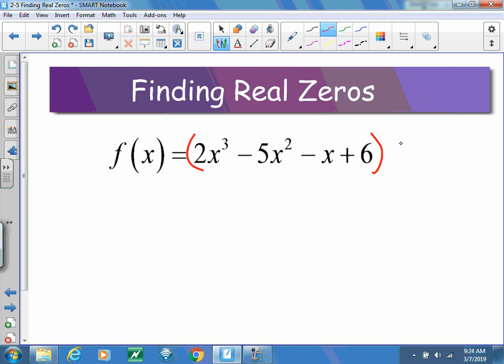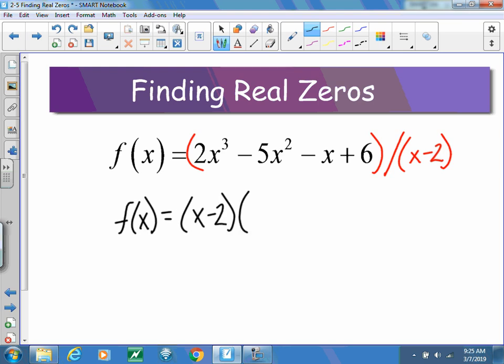I took this polynomial here, I divided it by the factor of x minus 2, and now I got my polynomial here. Now when I came up with that answer, what is essentially happening here is after I divide this, f of x is now becoming x minus 2, that's what I divided it by, and then my answer that I came up with, which was 2x squared minus x minus 3.